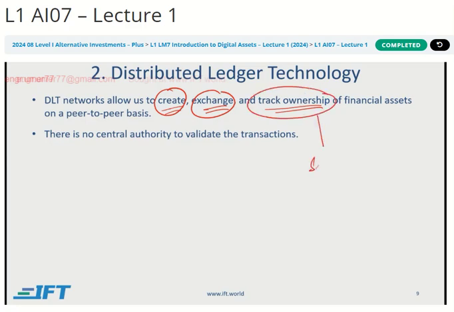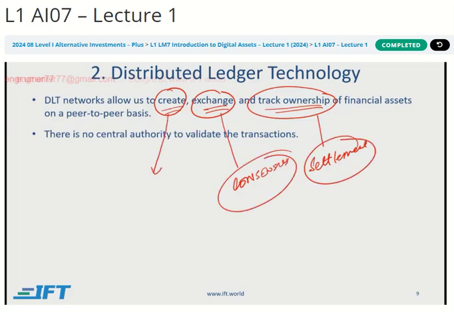So your settlement and exchanging, the consensus, they are separate benefits of DLT, and creation of assets is a separate benefit as well, right? So initial coin offerings, which we'll talk about as well.